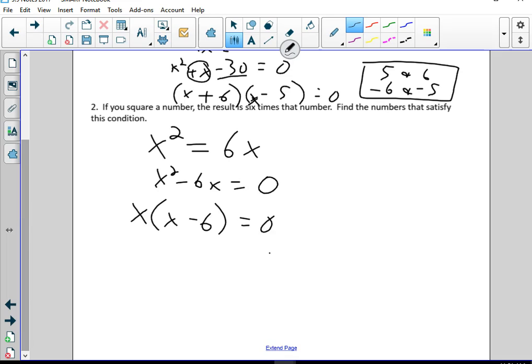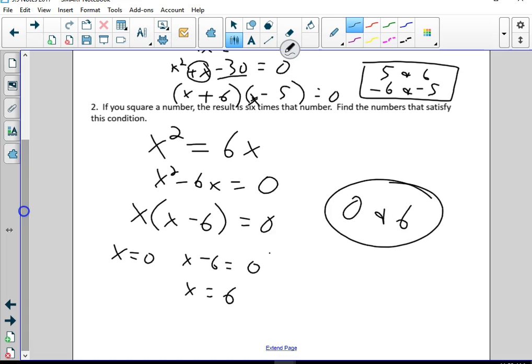And now you have your two answers set. x equals 0. x minus 6 equals 0. So, x equals 6. So my two answers are 0 and 6.